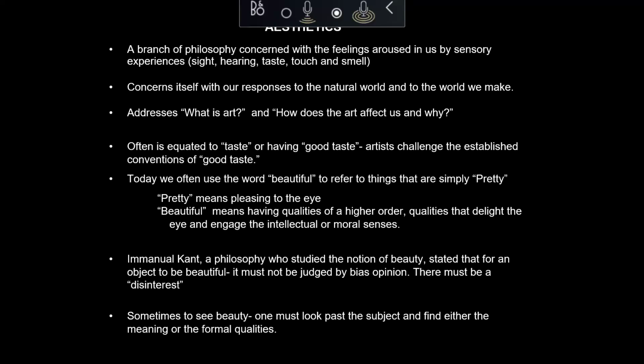And if somebody comes along and claims it, it really diminishes the true notion of being beautiful.